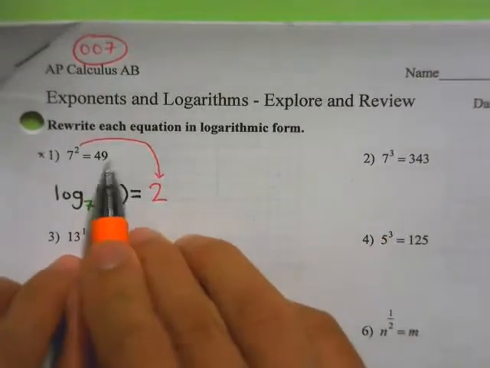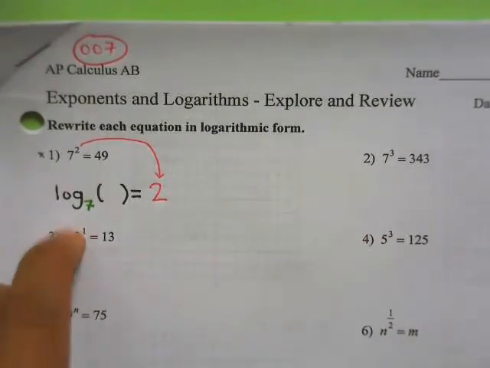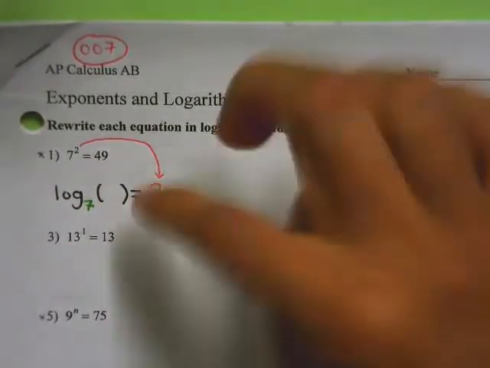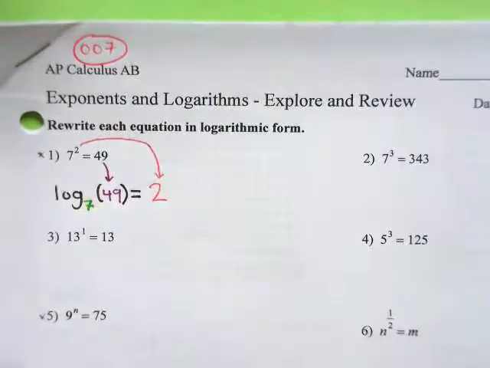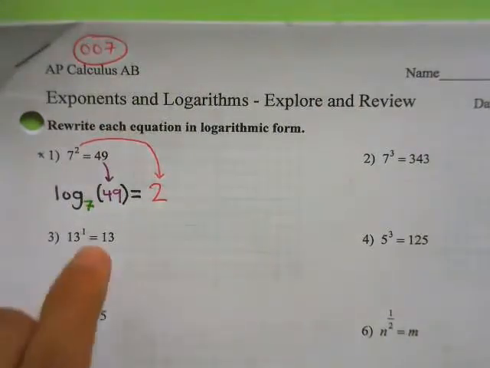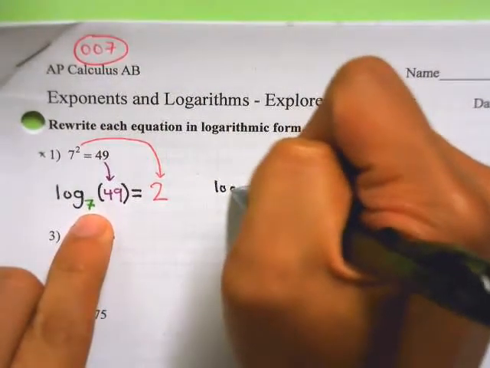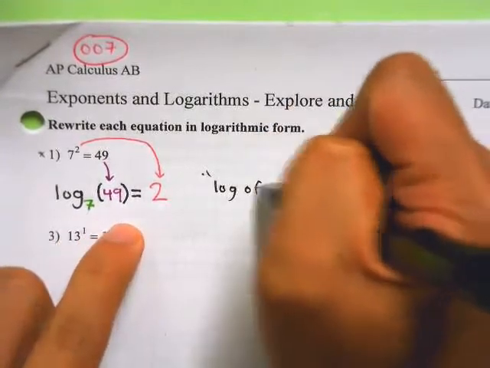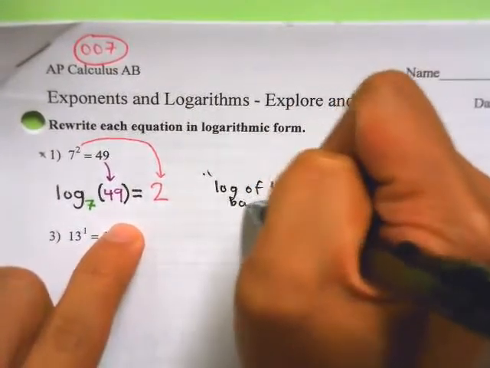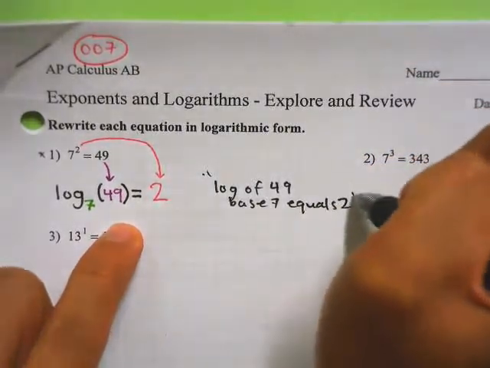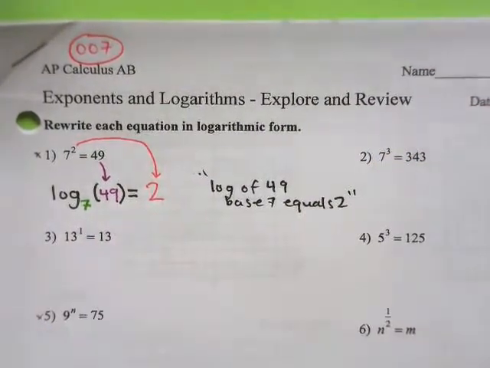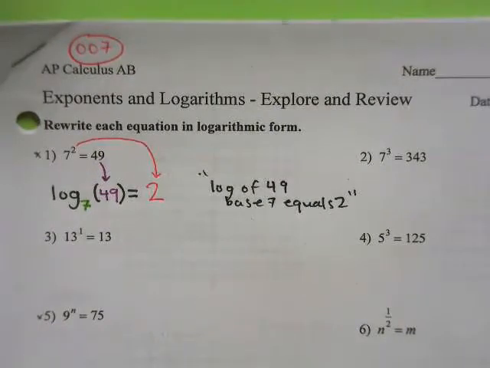And then your argument, I think it's called your argument, the 49 on the other side will go inside the parentheses like this. How to say this? You could say something like log of 49 base 7 equals 2.